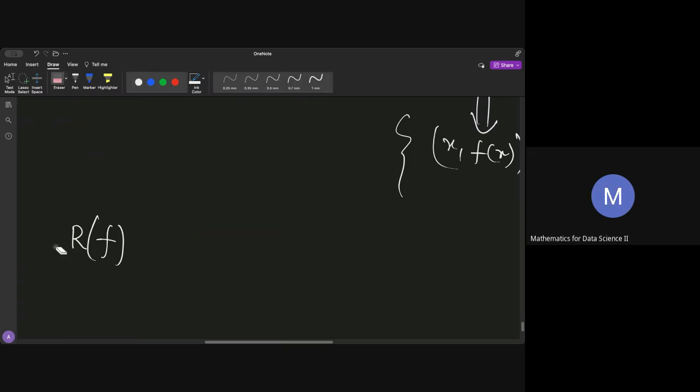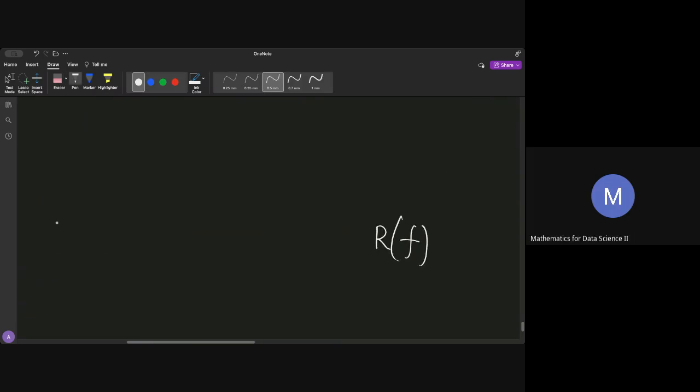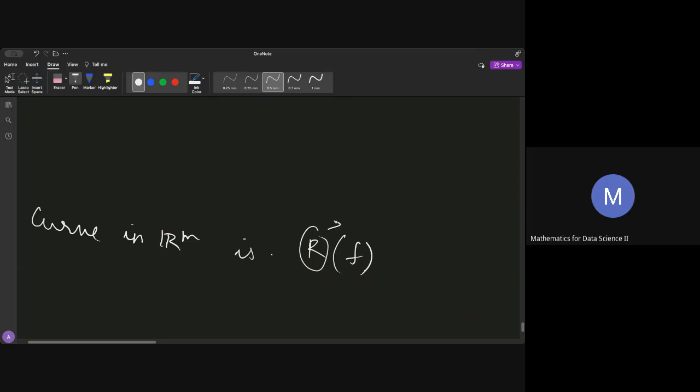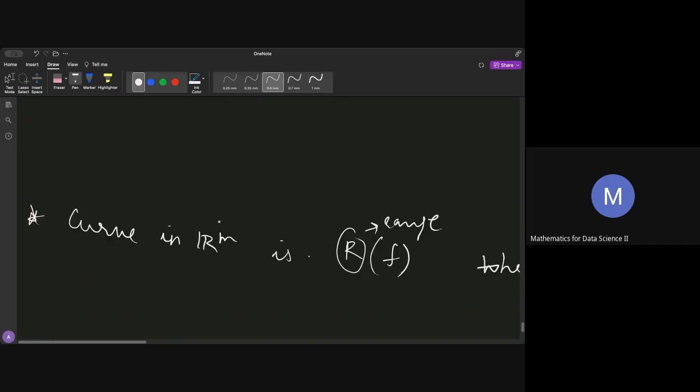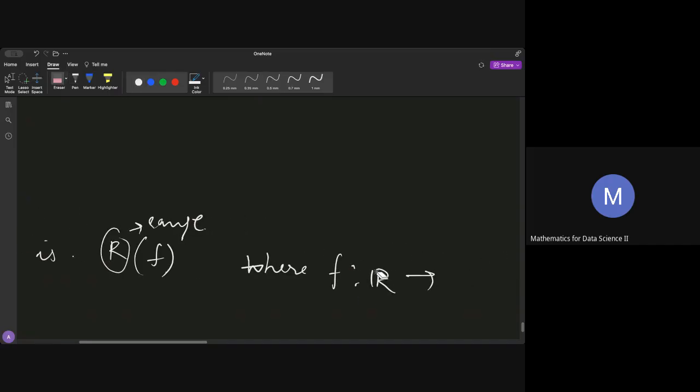So your curve in Rm, we were discussing R2 only, but a curve in general in Rm space is the range of a function f, where f is a function from a subset of R to Rm.